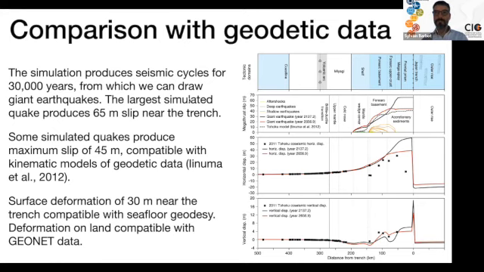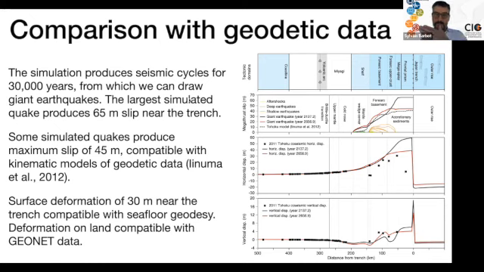In addition, the model can be used to predict surface deformation, horizontal and vertical, and that can also be compared with observations. These are the next two rows in this figure. The first one shows the horizontal displacement. You can see that it goes through the observations on land quite well.